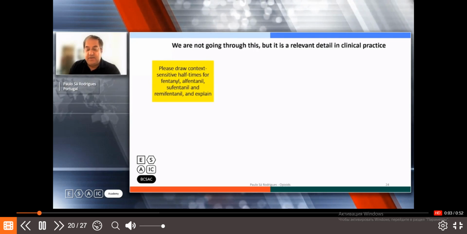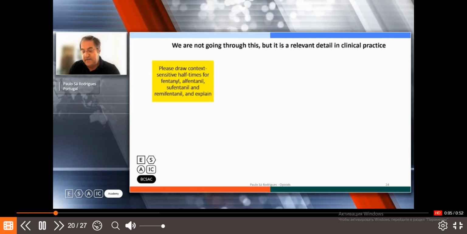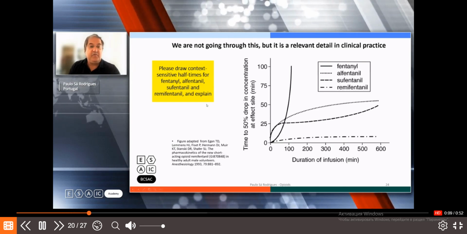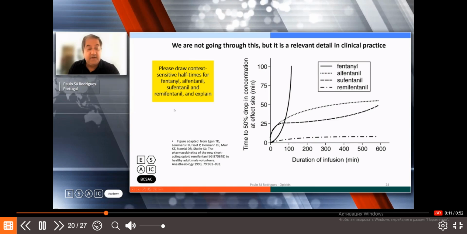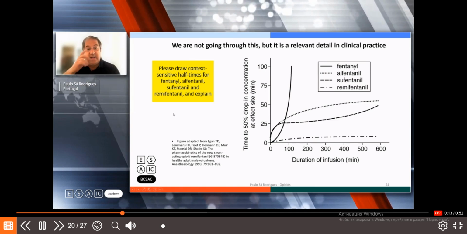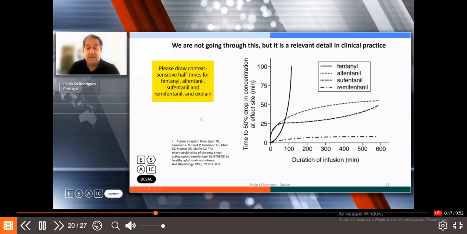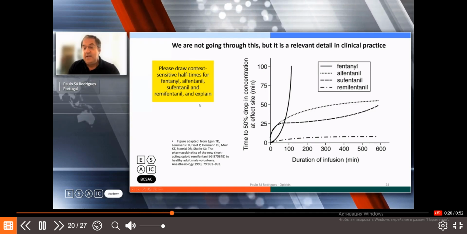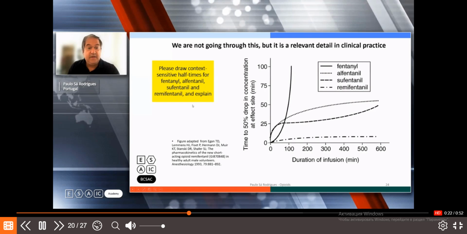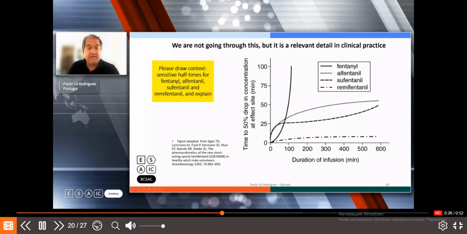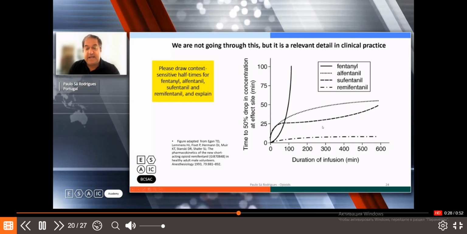So we are not going into this. It has been detailed in a previous lecture, but this is a very frequent question we have in NIDAC Part 2. And the question is as simple as this: please draw and explain context-sensitive half-lives for fentanyl and several other opioids, such as remifentanil, and explain.